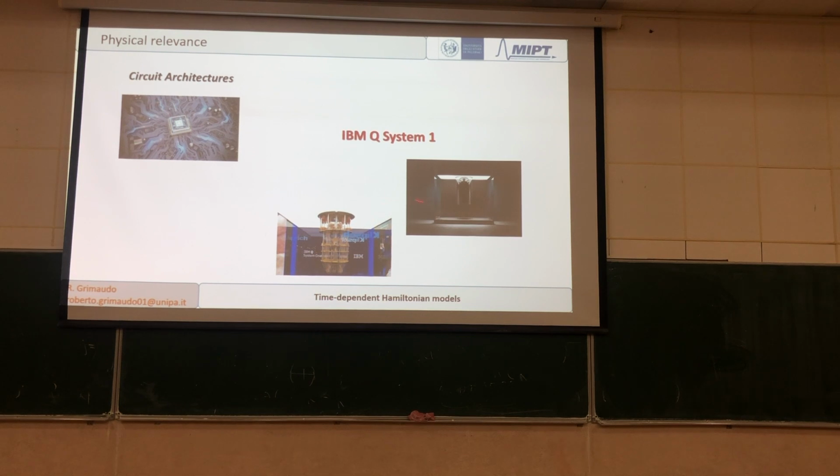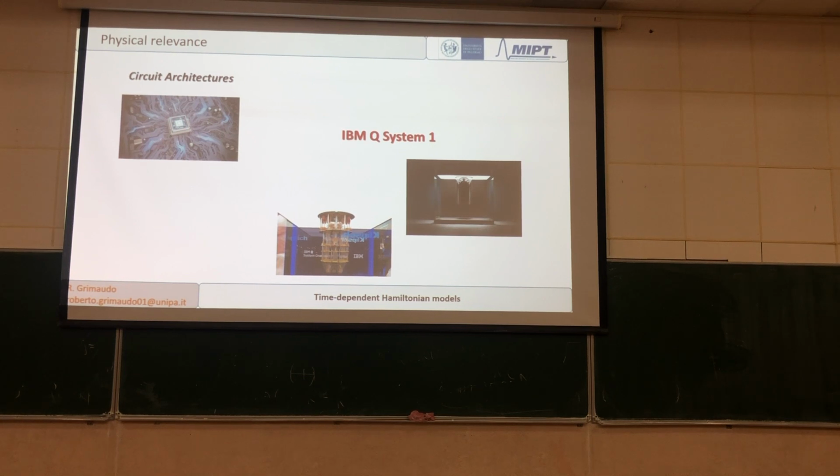Of course, I said before that we can call this a prototype of a quantum computer because we know that a lot of effort is still necessary, because these machines work very well only at very low temperature.